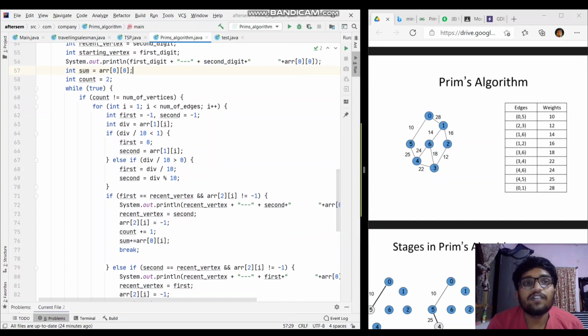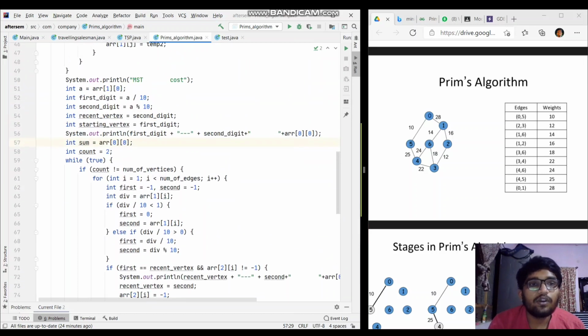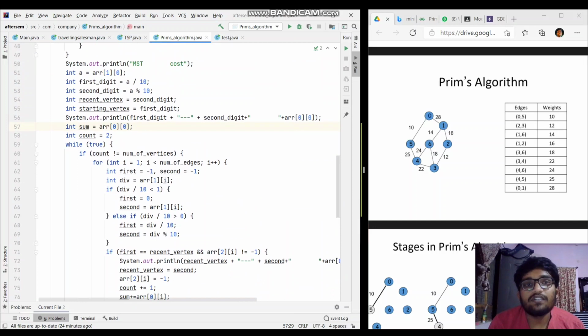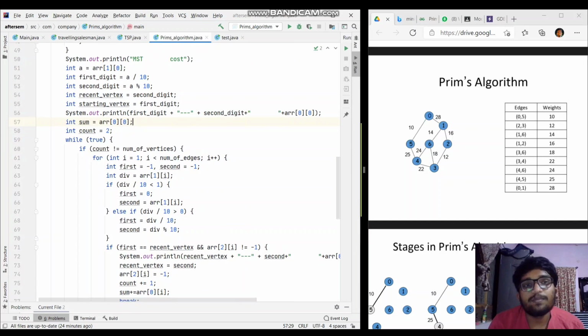Now this is an infinite loop, and we have to run this loop until we get all the vertices included in the output graph. So if count not equals number of vertices, we have count set to 2 because already two vertices of the graph are printed. Here we can see the first digit and second digit are nothing but the vertices, right?